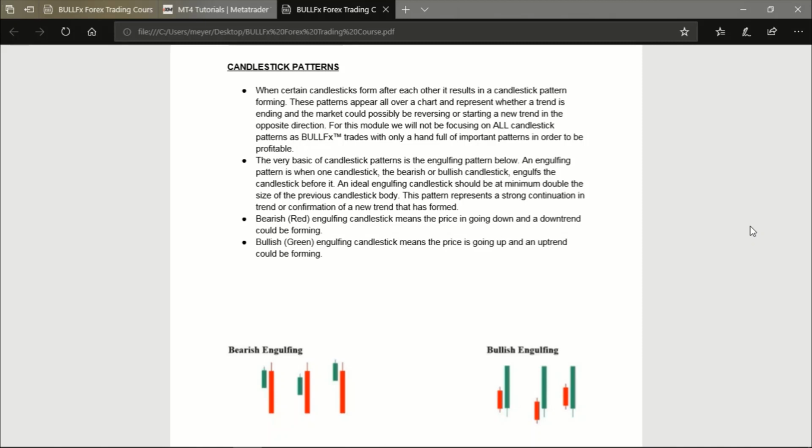The very basic of candlestick patterns is the engulfing pattern below. An engulfing pattern is when one candlestick, the bearish or bullish candlestick, engulfs the candlestick before it. An ideal engulfing candlestick should be at minimum double the size of the previous candlestick body that it is engulfing.